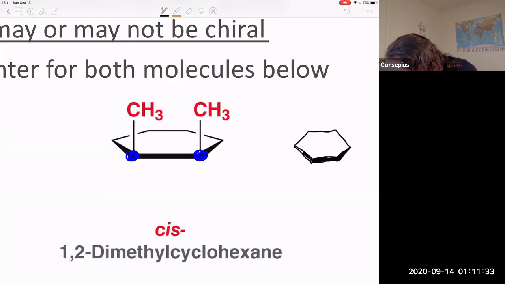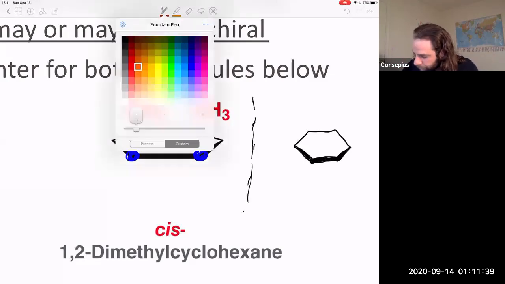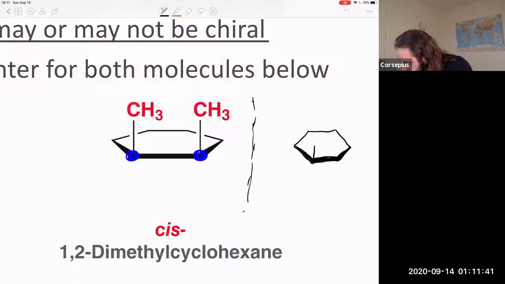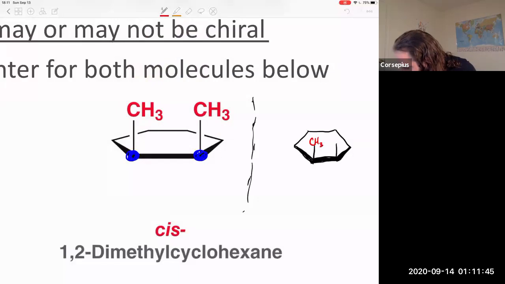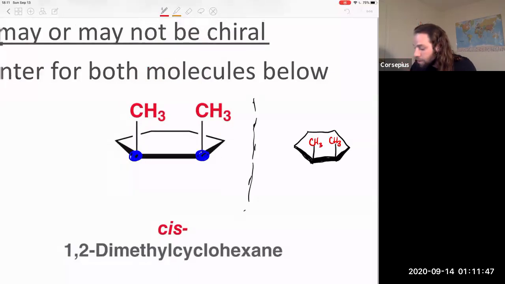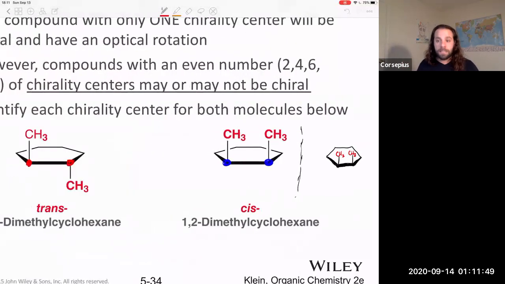All right, so I'll get my fancy ring here, and I'm just drawing it as if it was a mirror. Well, I still have these methyl groups. So notice that its mirror image is superimposable. This phenomenon is called a meso compound.